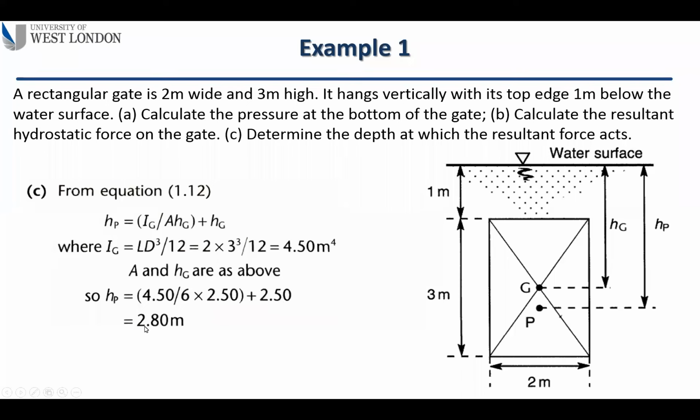So you can see here 2.8 meters is h_P, which is 30 centimeters further down than the centroid at 2.5. So that's the location of P. This is example 1. In the next example, we're going to look at a little more complex problem.